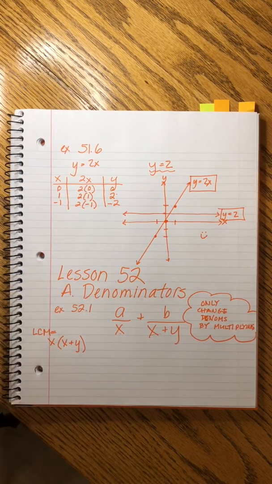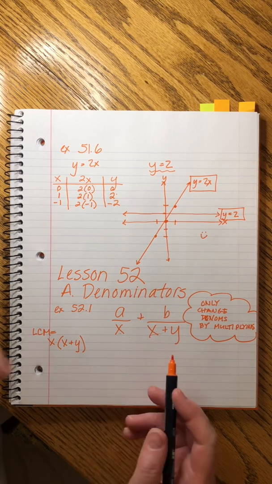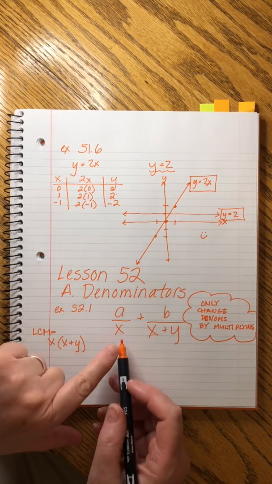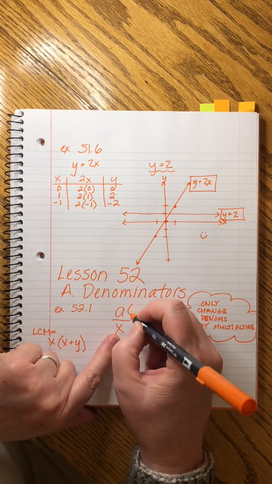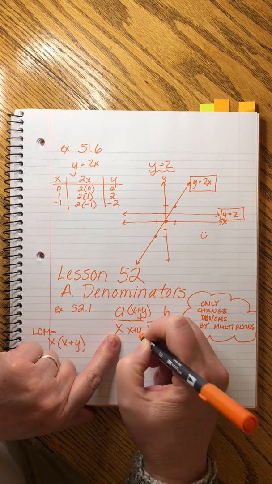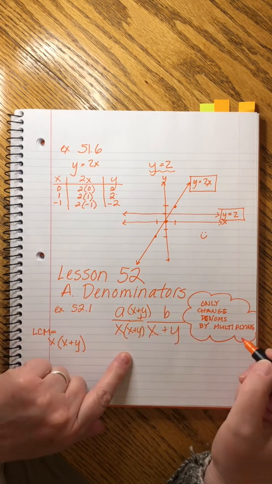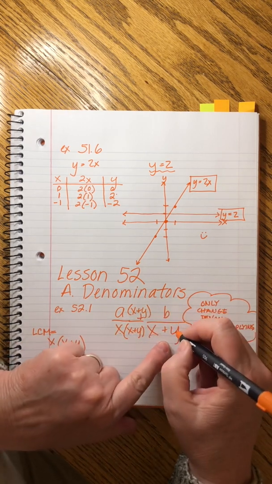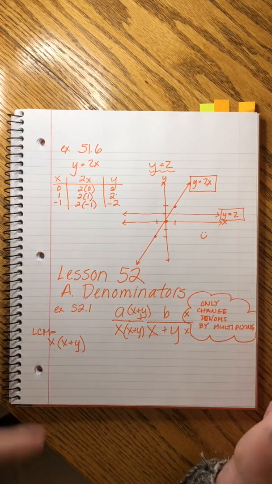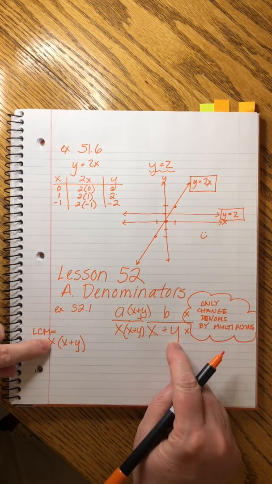We can't add to top and bottom, we can only multiply. So if this is our least common multiple, then this one we're gonna need to multiply by x plus y over x plus y. I'm squeezing it in. And this one we're gonna need to multiply by x over x. Does that make sense? We multiply by the piece that's not already there.